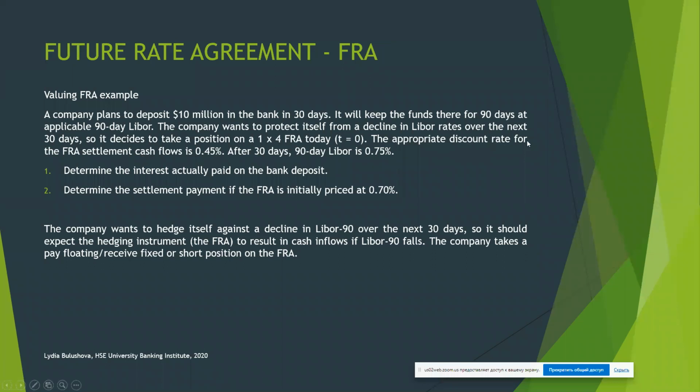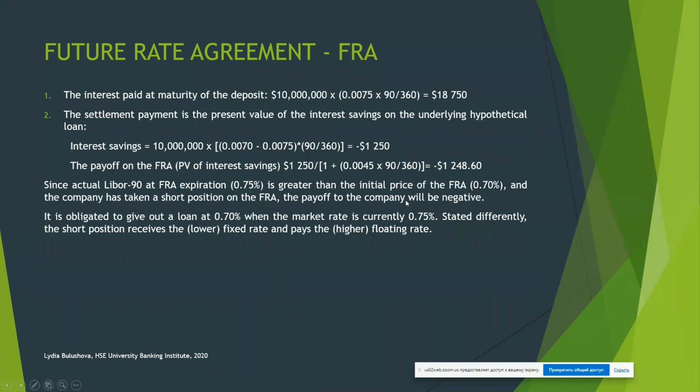The appropriate discount rate for the FRA settlement cash flows. That's right. Okay. I have this, multiplied by the discount factor, and that's what I get. That's the present value, because to bring the future value to today, I have to discount it to the present.